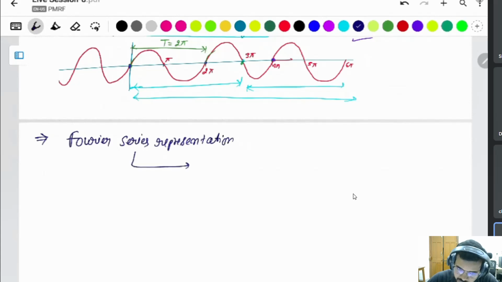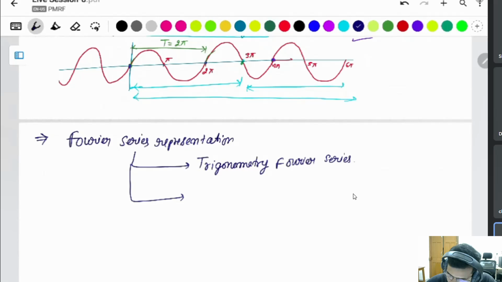Second, the polar form representation. Third one is the complex exponential.